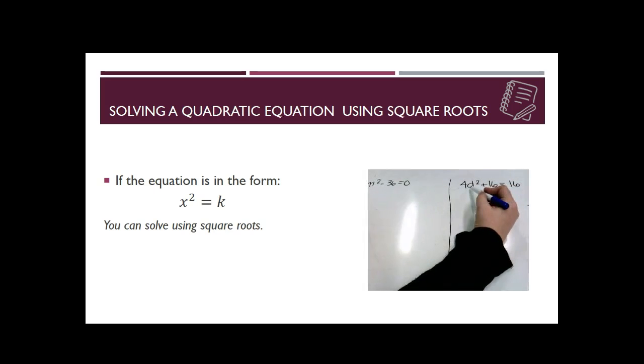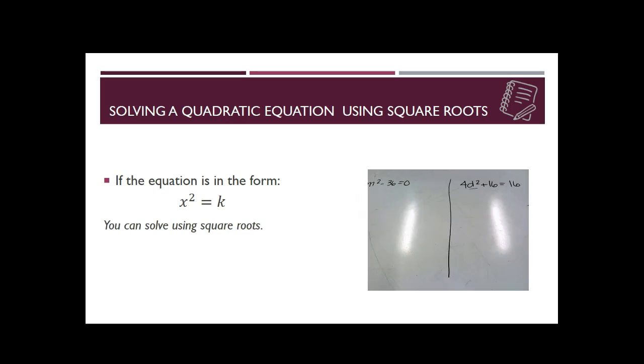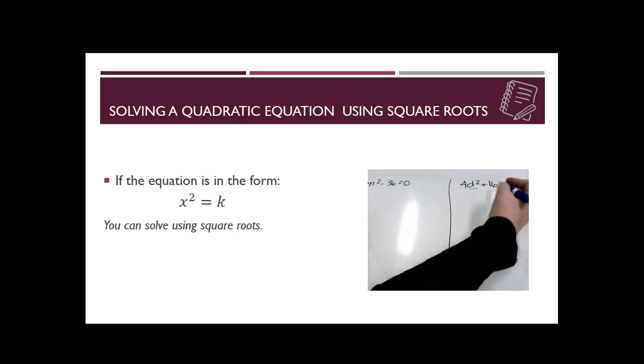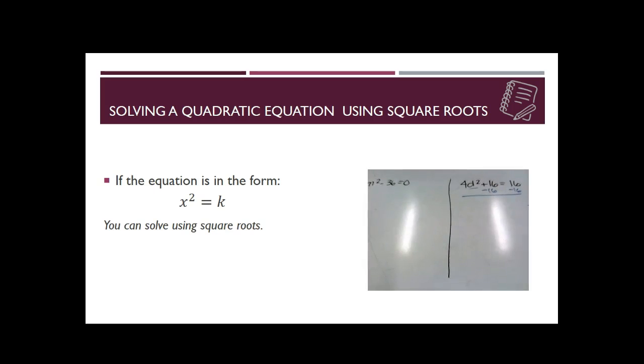I need to realize that I could get this d squared by itself. I don't have a d term in this one, so I can go ahead and just isolate the d squared. In order to do that, my first step is to subtract 16 from both sides. Again, that brother and sister rule, whatever you do to one side, you have to do to the other.